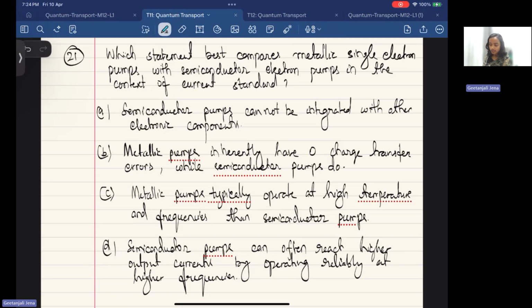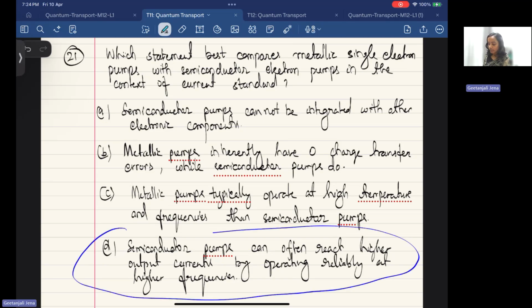You can easily guess option D is the answer. Metallic single electron pumps operate at low frequency, the output is relatively low, and they are not quite tunable. That is why we use semiconductor single electron pumps.